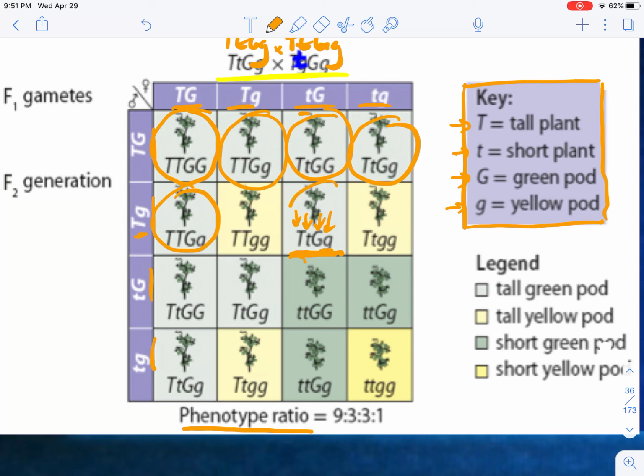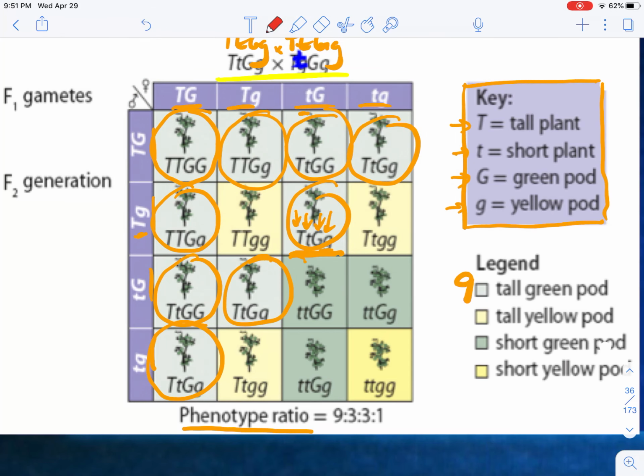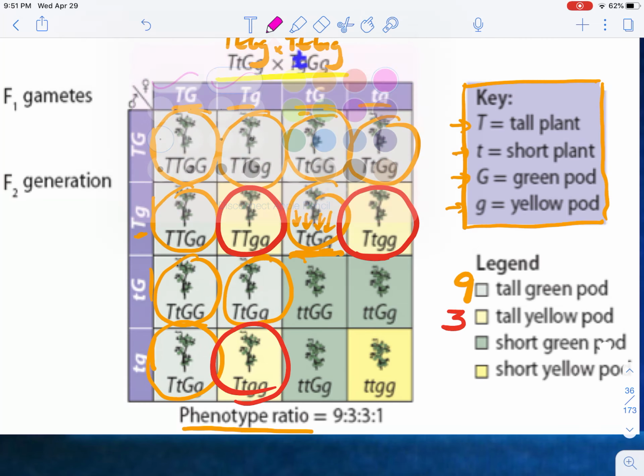So I just start counting the ones that are the same. So tall green, there would be 1, 2, 3, 4, 5, 6, 7, 8, 9 that are tall and green. And so we've counted those up. There are 9 of them. Then we go to whichever one is next. This one is tall and yellow.